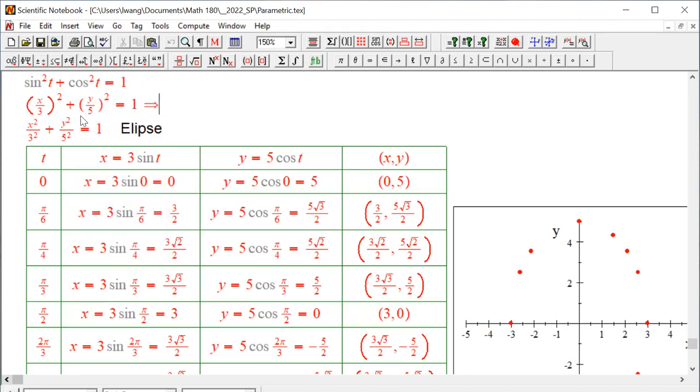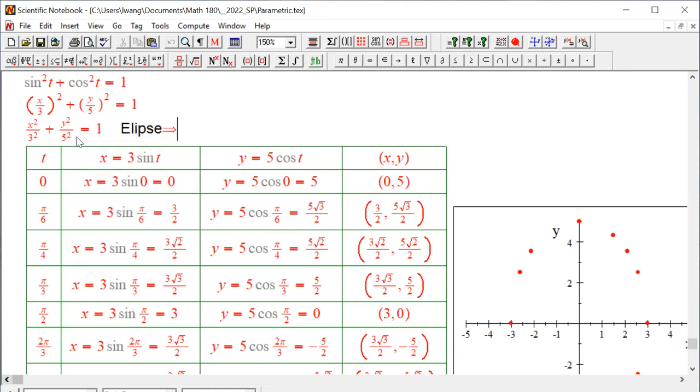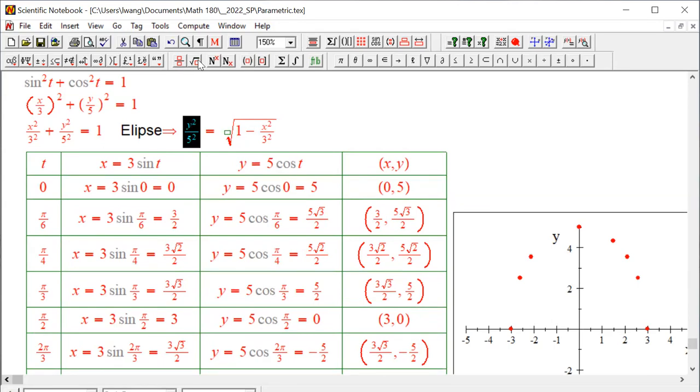I would take this and solve for y. So I'm going to subtract this piece on both sides, and take the square root on both sides.